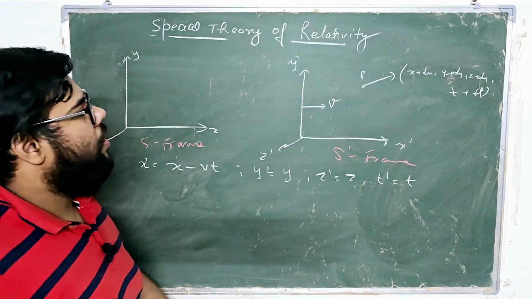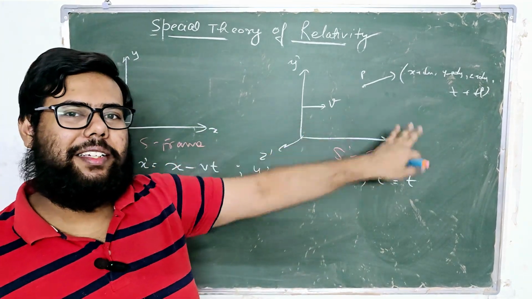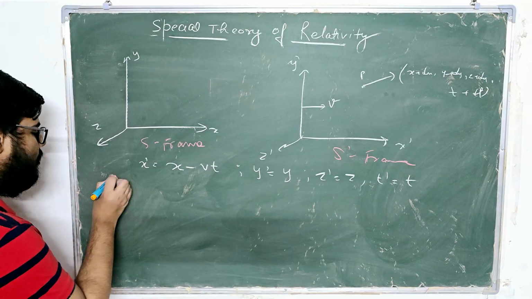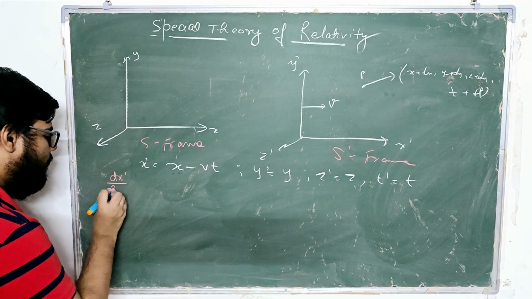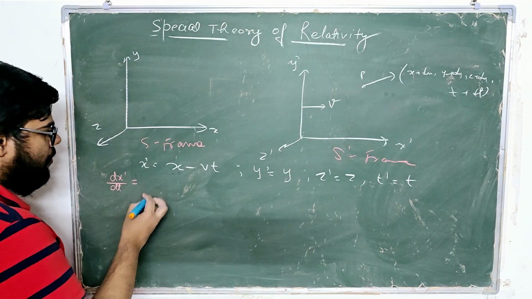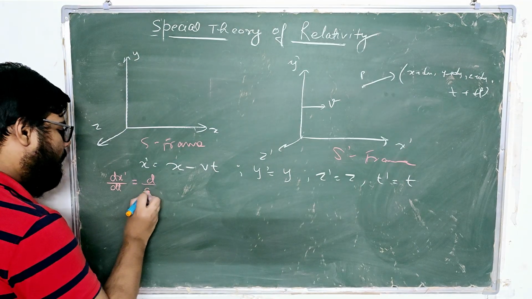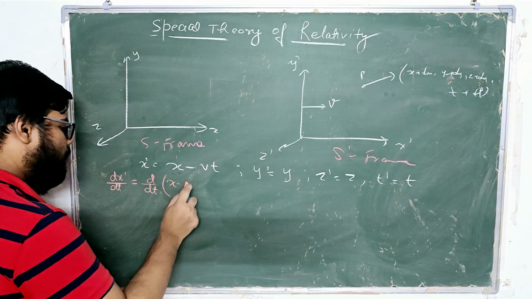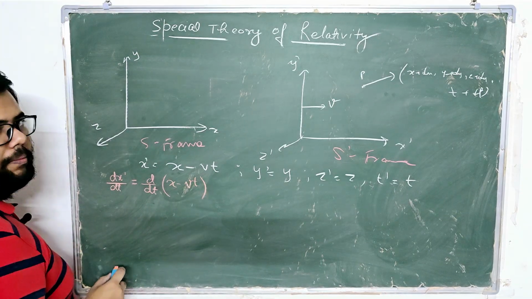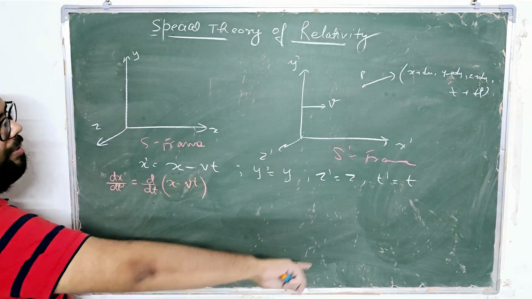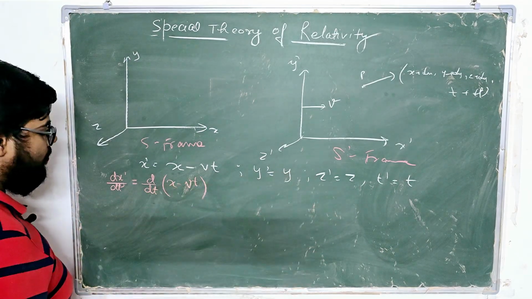Okay. Now let's find the velocity of this particle. Let's differentiate this. We'll have dx dash divided by dt dash is equal to d by dt dash of x minus vt, right? Correct or not? dt dash, because we are finding with respect to this frame.